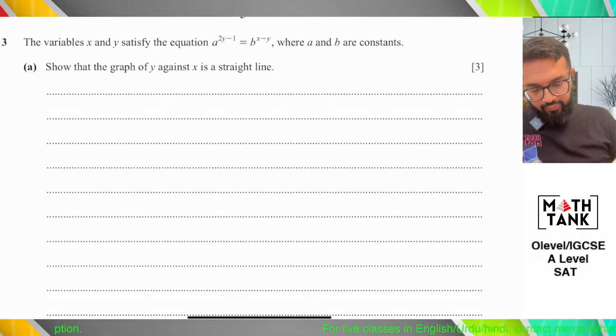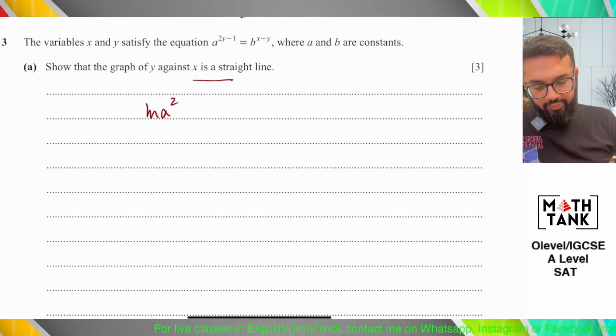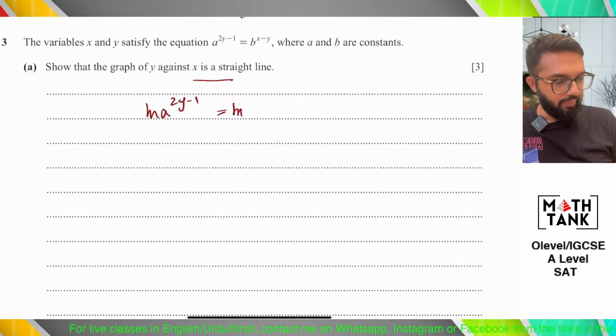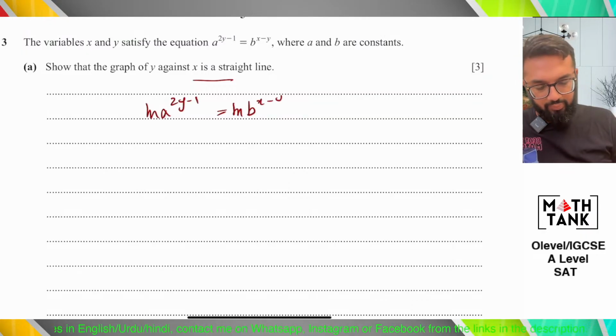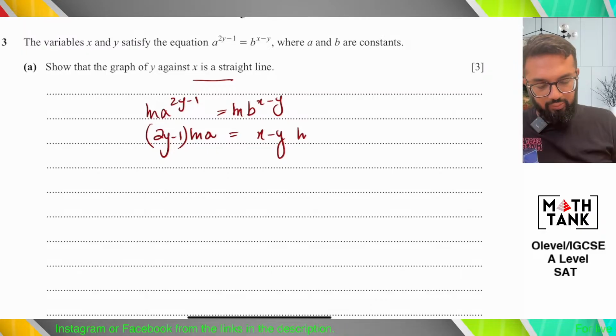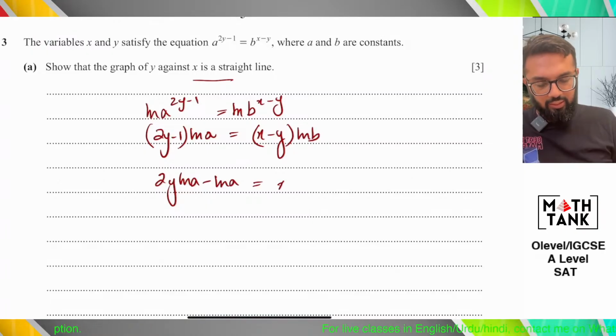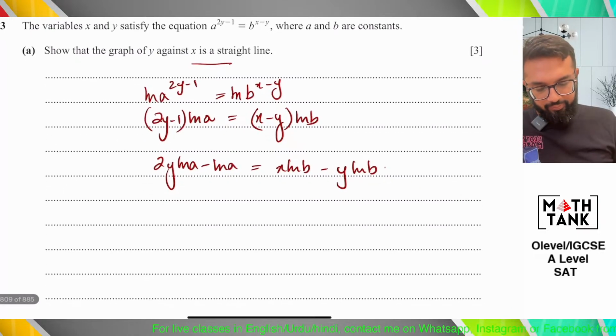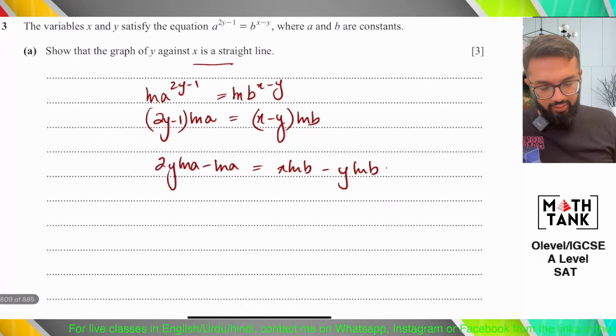are constants. The graph of y against x is a straight line. So take ln on both sides. 2y ln a minus ln a x ln b minus y ln b. Y against x. Okay.